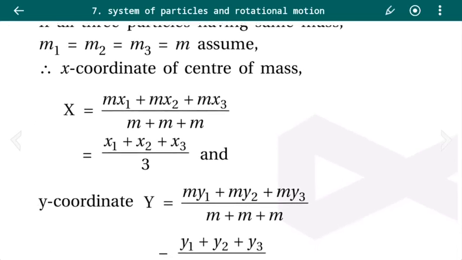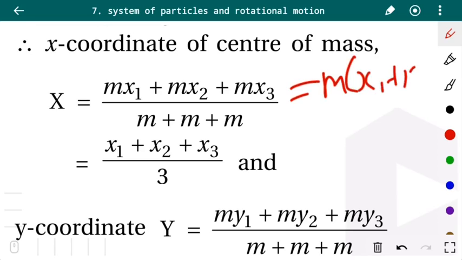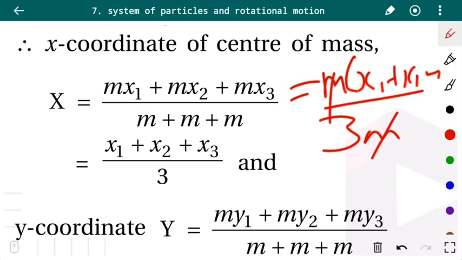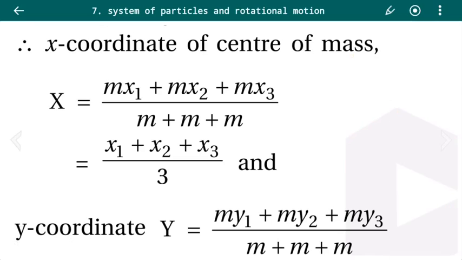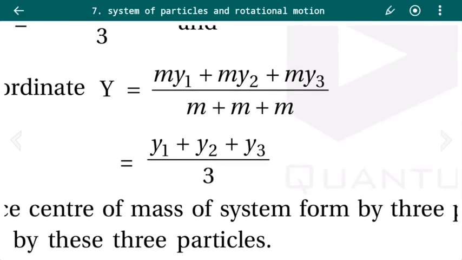So m gets cancelled and we have (x1 plus x2 plus x3) by 3. In the same way, for the y coordinate of the center of mass, it will be (my1 plus my2 plus my3) upon 3m. m gets cancelled and it will be (y1 plus y2 plus y3) by 3. Hence, the center of mass of a system formed by 3 particles of the same mass will be at the middle of the triangle formed by these 3 particles.